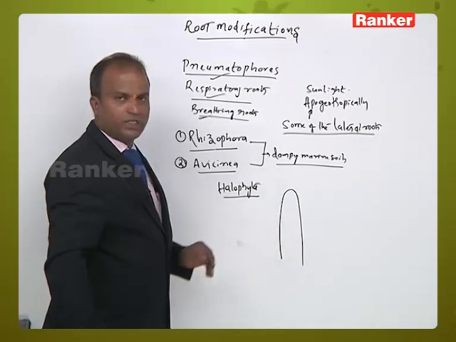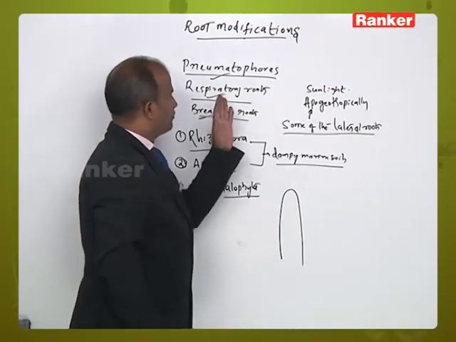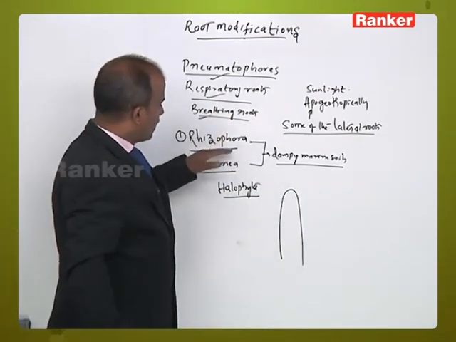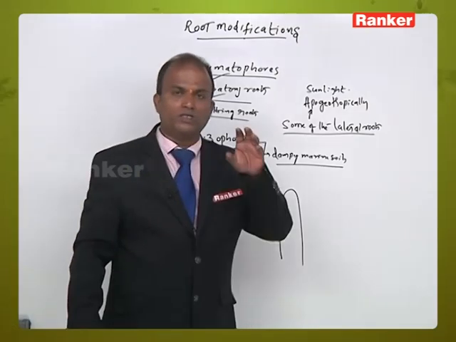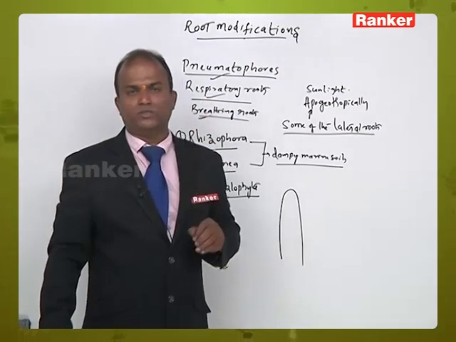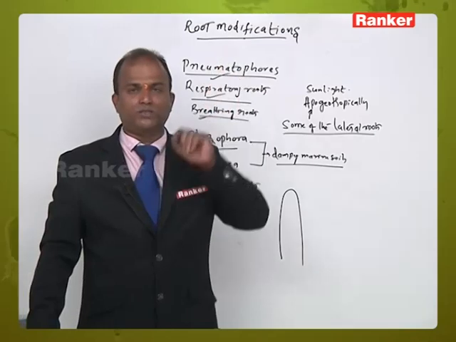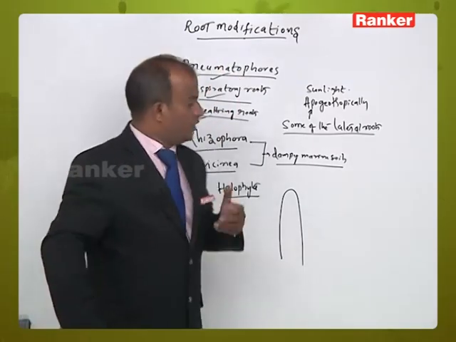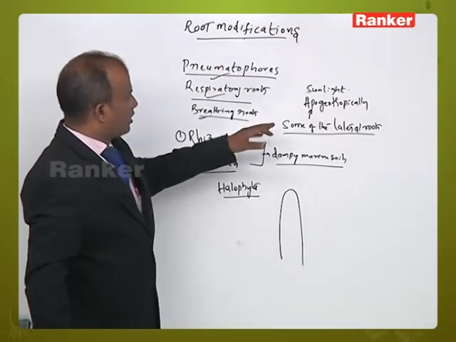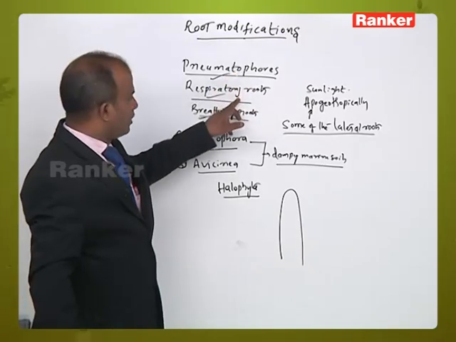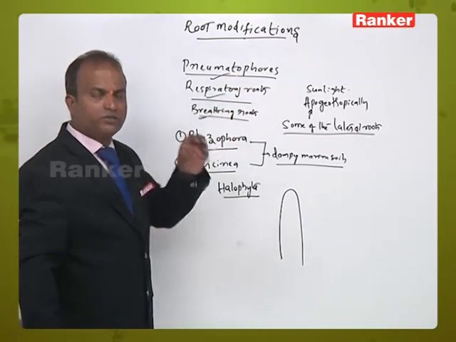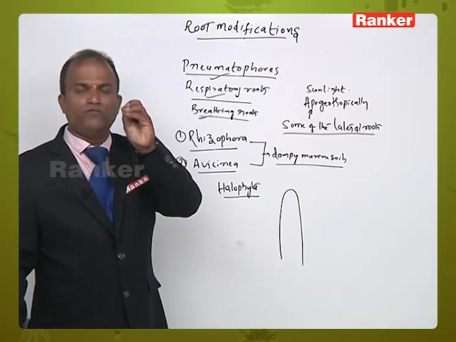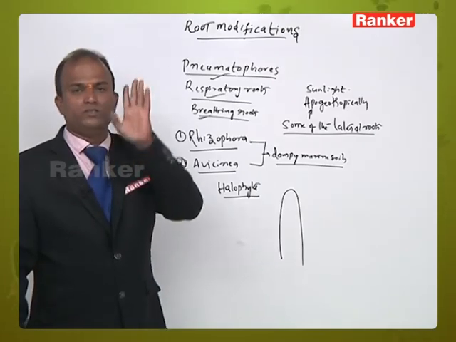For example, in Rhizophora and Avicennia, the root also grows positively geotropic. Which one is growing positively phototropic? Nematophores, or respiratory roots, or breathing roots are growing positively phototropic and negatively geotropic.